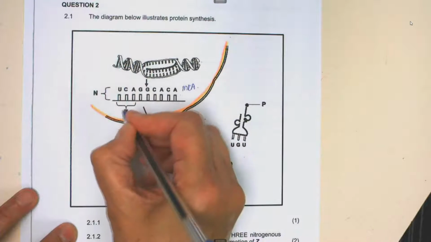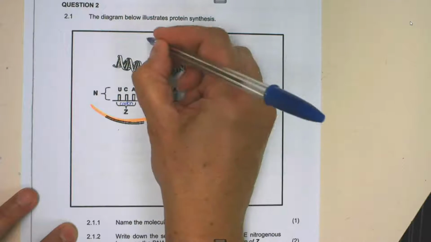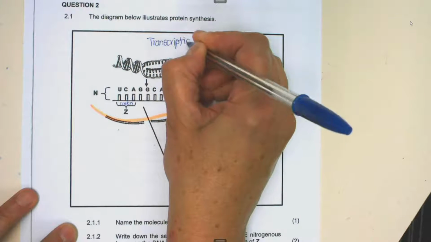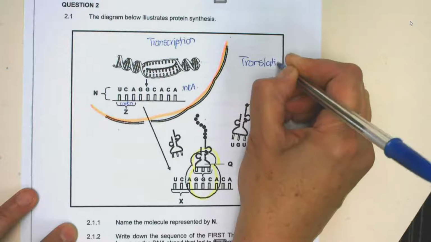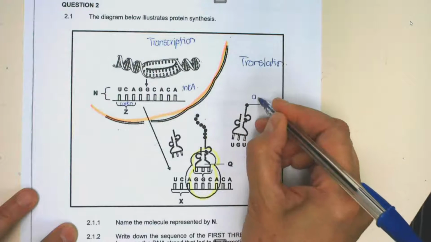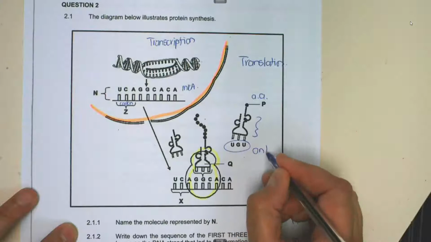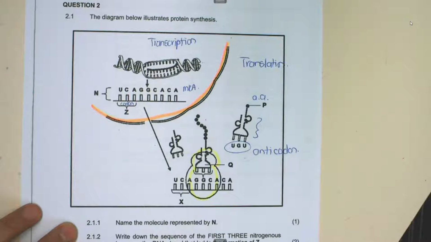That will be the codon. And then it comes out of the nucleus. This is transcription. And this one is translation happening outside. And here I see that is our amino acid. That is our tRNA. This is an anticodon. So I just make notes for myself so that I know what is happening here.